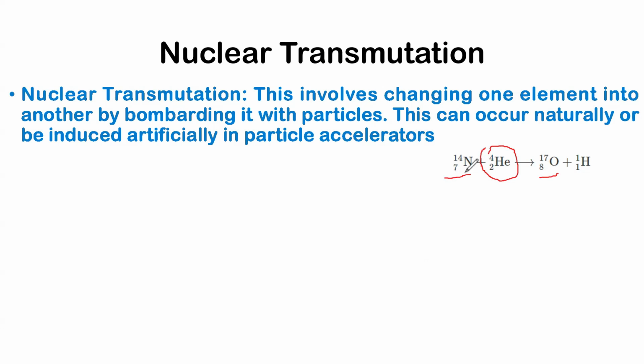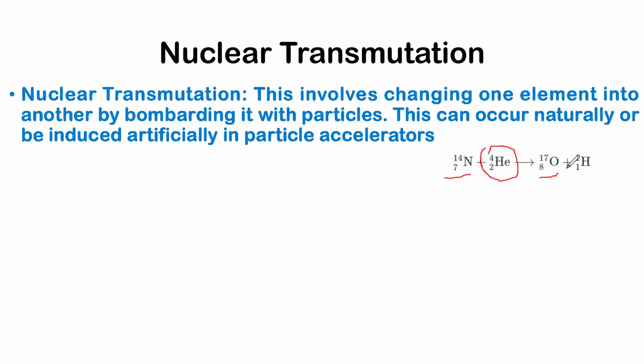Therefore, the nitrogen is now converted into oxygen, and that is what happens in nuclear transmutation. So if particles are used in bombarding a stable nucleus, it undergoes rapid breaking down. This nuclear transmutation can occur naturally or can be induced artificially in particle accelerators.